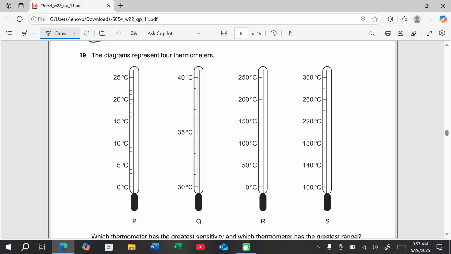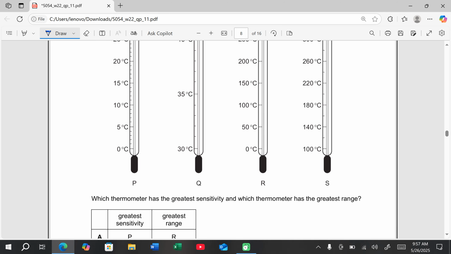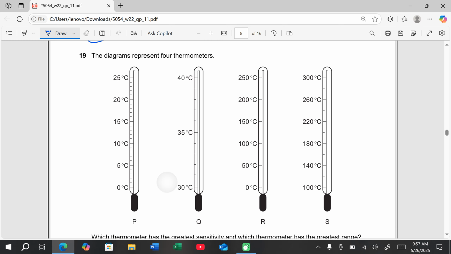The diagram represents 4 thermometers. Which thermometer has the greatest sensitivity and which has the greatest range?